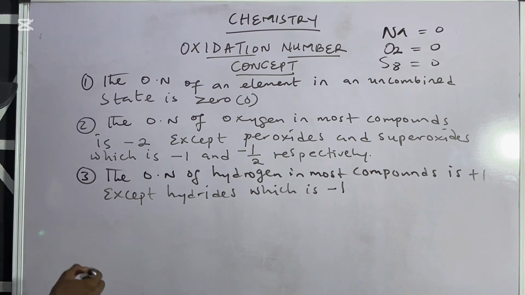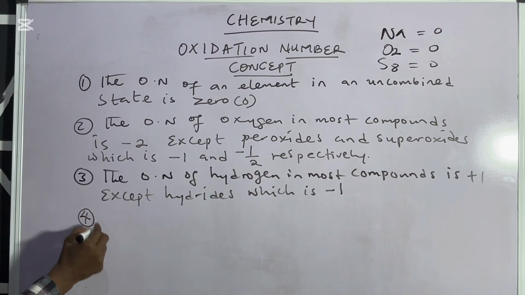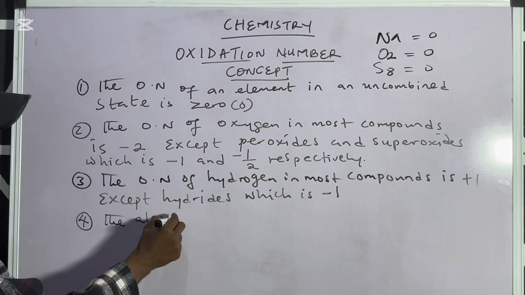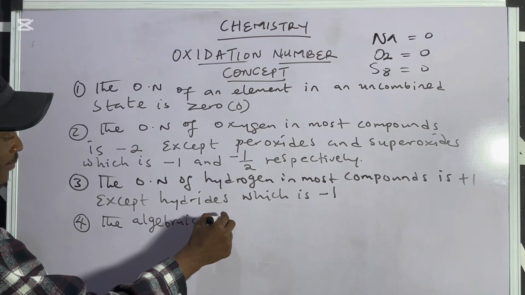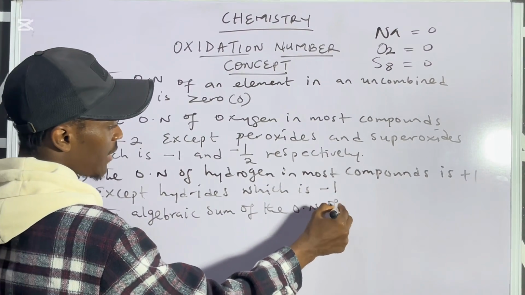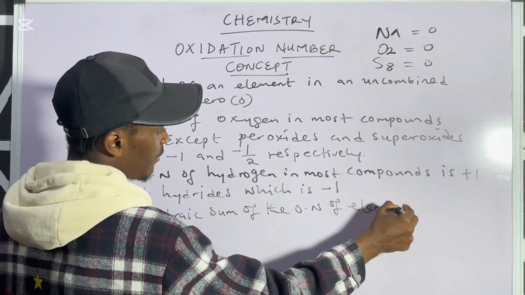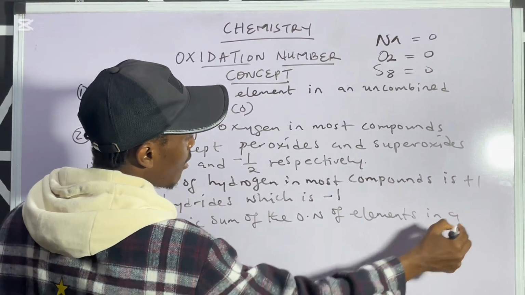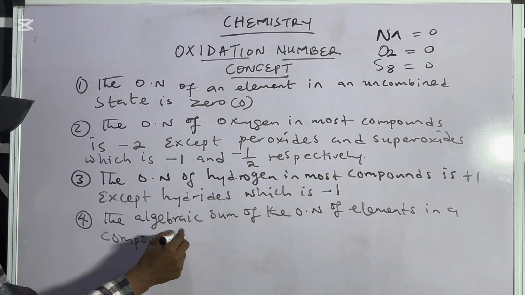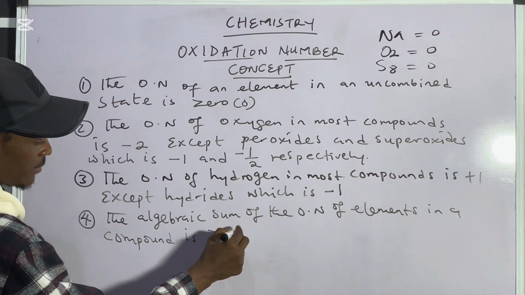Okay. Number 4: the algebraic sum of the oxidation number of elements in a compound is 0.